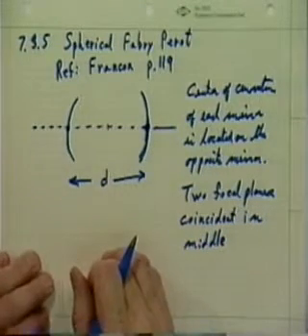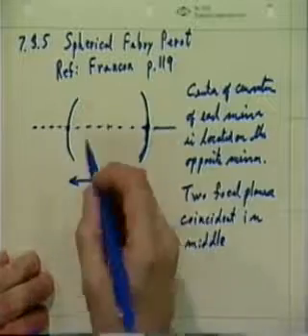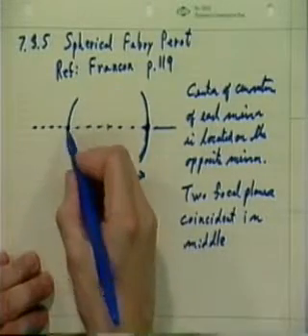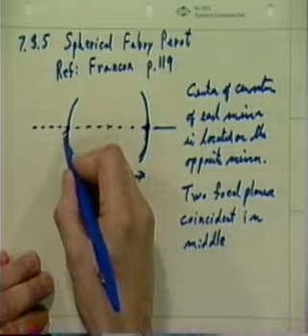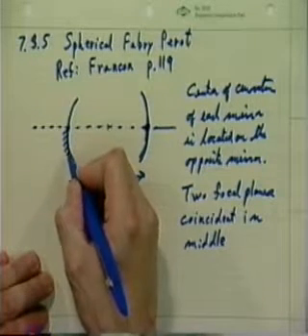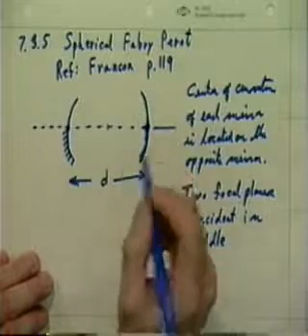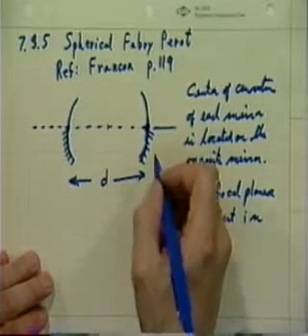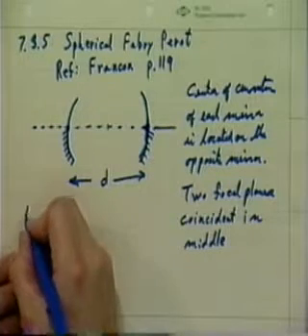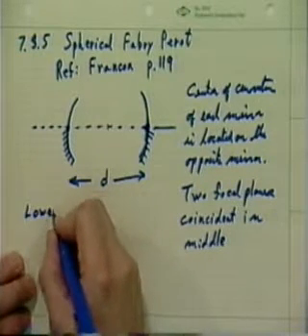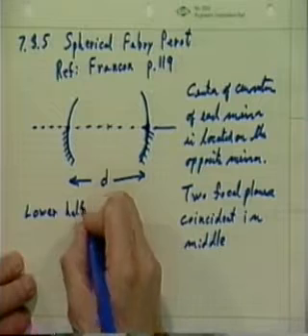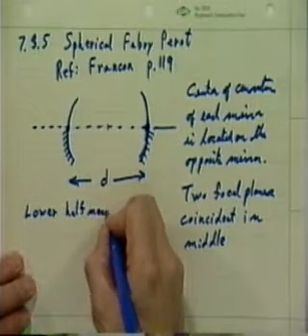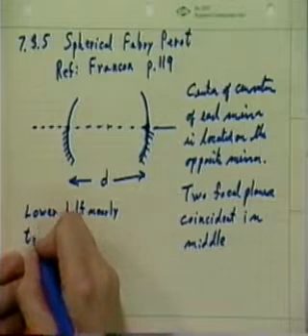So, okay, then the next thing we often do on this is that we're going to take these two spherical mirrors and put a very high reflectivity on half of each mirror. Let's say the lower half here: nearly totally reflecting.